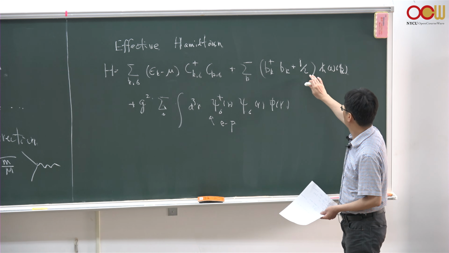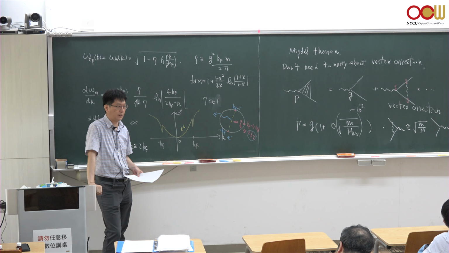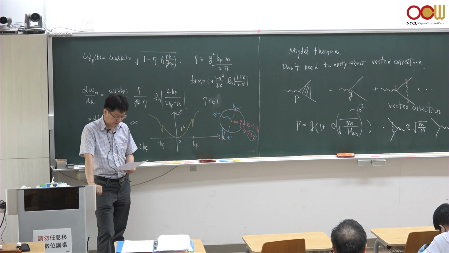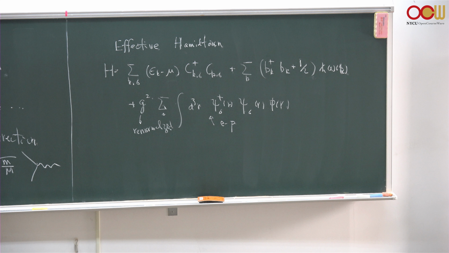But now we will start from this effective Hamiltonian for the electron and phonon coupled system, and we will discuss the so-called Cooper instability, which is the instability towards Cooper pair formation, where these 2 electrons can actually form a pair, and we will discuss how and why this happens based on this effective Hamiltonian.